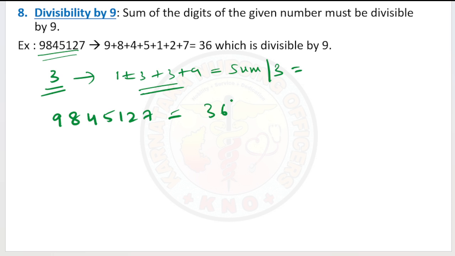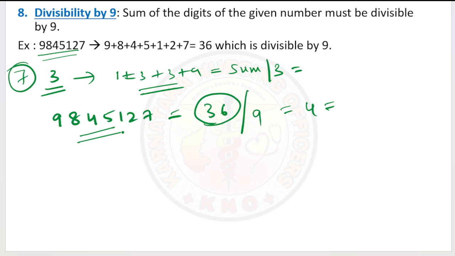So 36. See here, how many digits are there in this number? 1, 2, 3, 4, 5, 6, 7. 7 digits of the number are replaced by 2 digits. Correct? So it is easy to do a simple division by 9. 9 fours are 36. So this number is completely divisible by 9, by doing the sum of its digits.